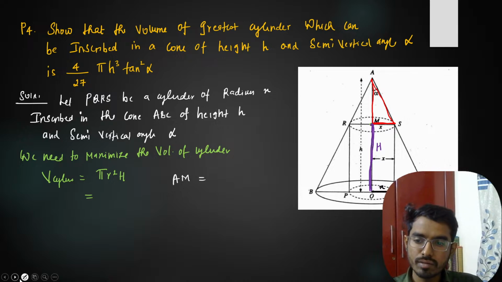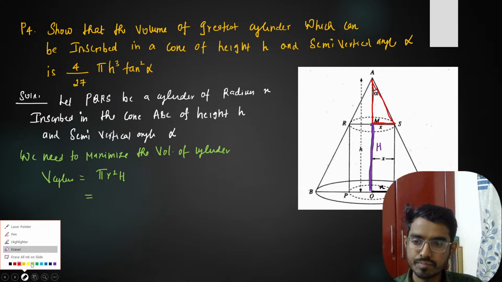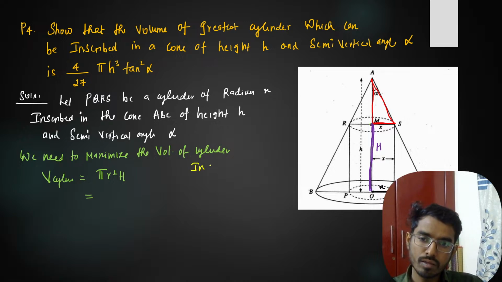What is tan alpha in the right angle triangle AMS? Opposite side by adjacent side. The opposite side is x, and the adjacent side is AM.